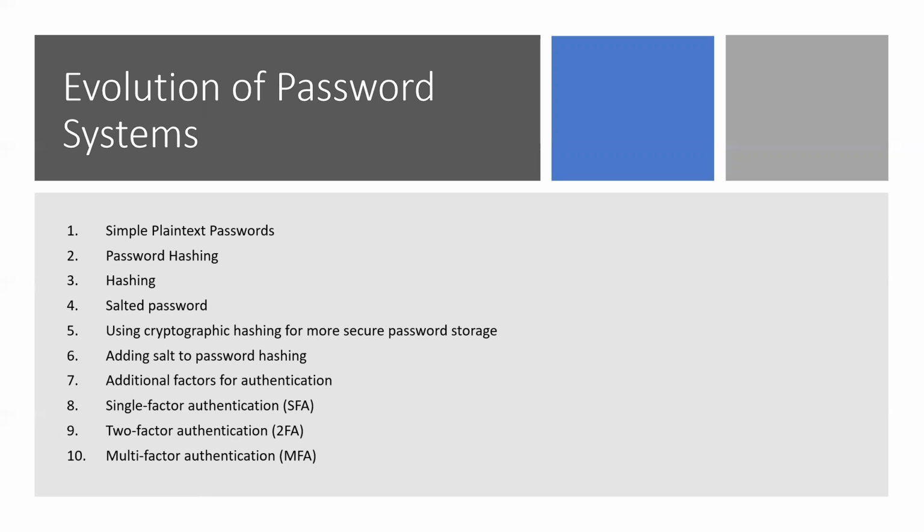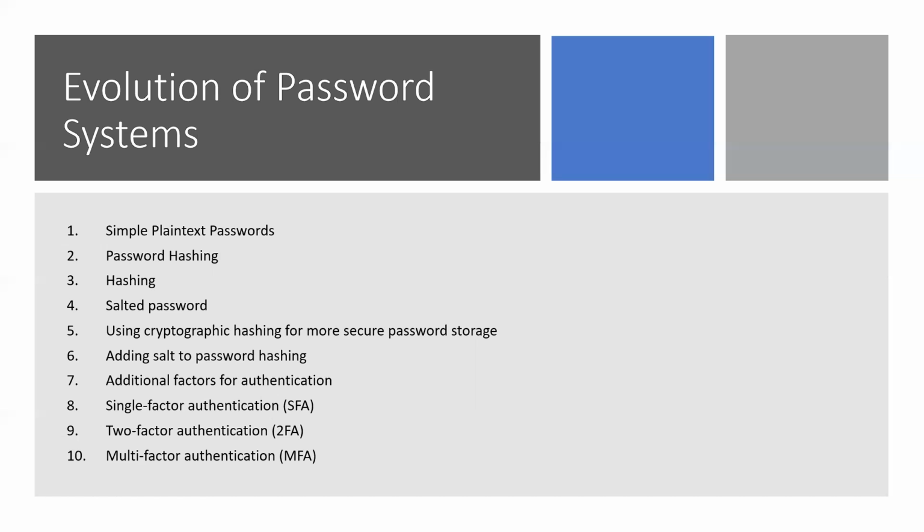Typically, at least two of the following categories are required for MFA. Number one, knowledge, something they know, or possession, something they have, and inherence, which is something they are.